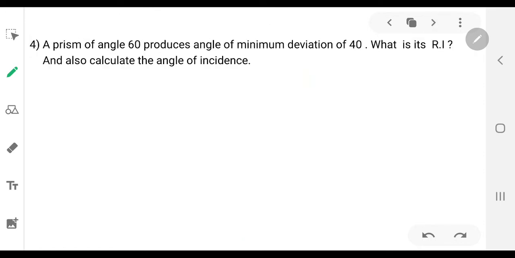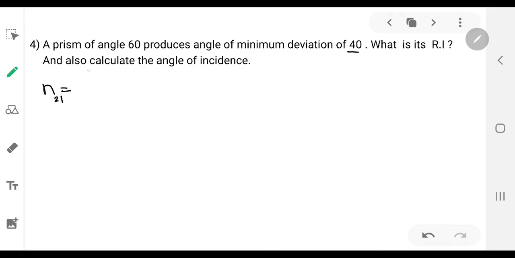The next question is: a prism of angle 60 degree produces an angle of minimum deviation of 40 degree. What is the refractive index, and calculate its angle of incidence. The equation for angle of minimum deviation: n21 is the refractive index of the second medium with respect to the first medium.